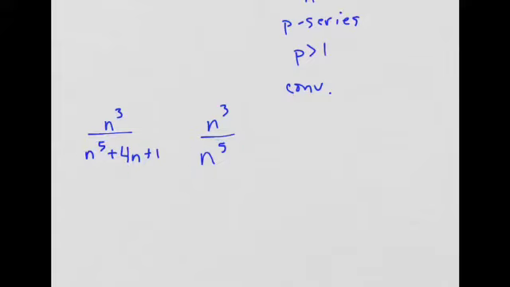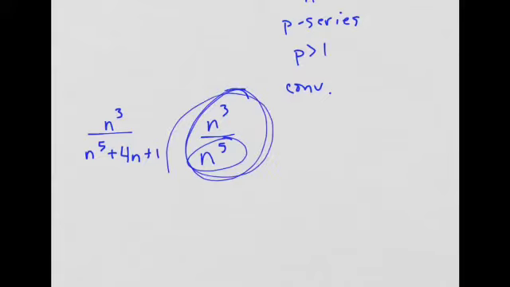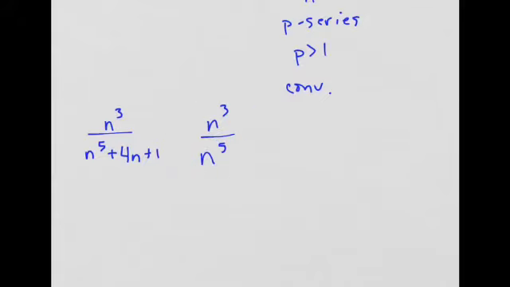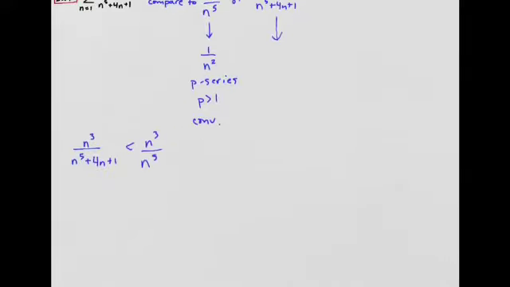So, if this denominator is smaller than this one, which fraction is smaller? Well, if this denominator is smaller than this, and the numerators are the same, that means if I make the denominator small, the whole entire fraction gets large. So this must be larger than this. Must be. So now I've figured it out.